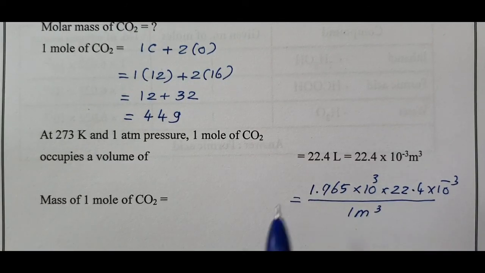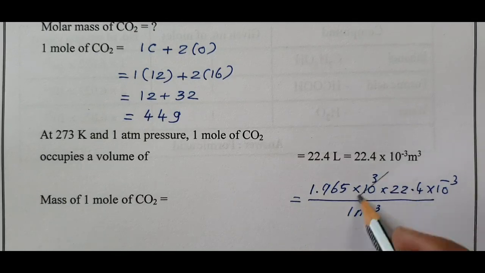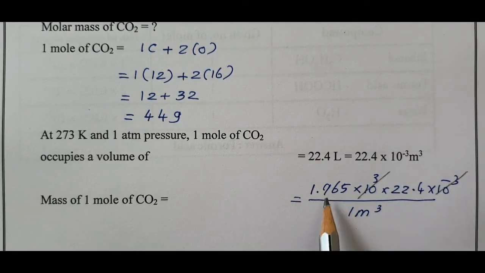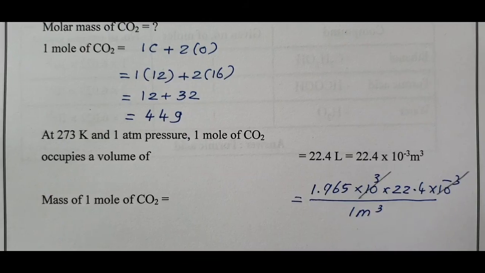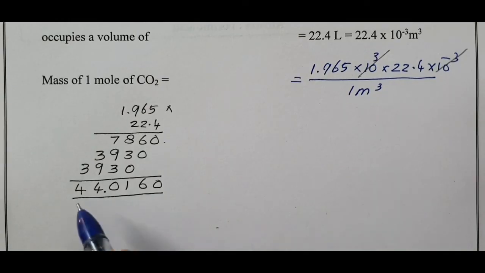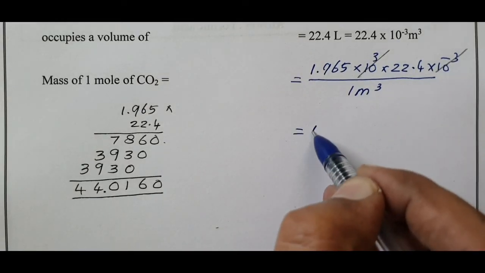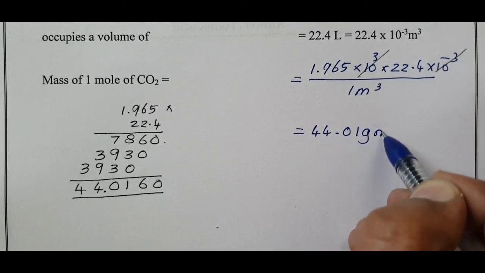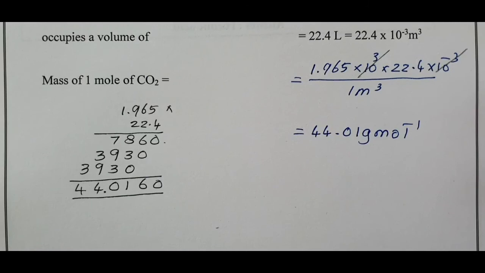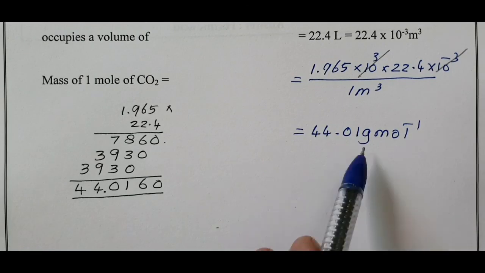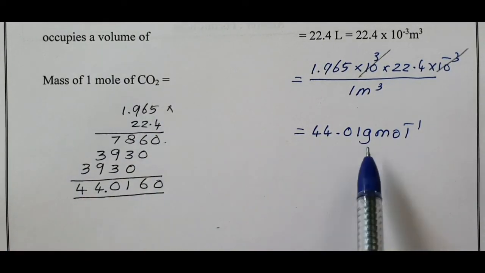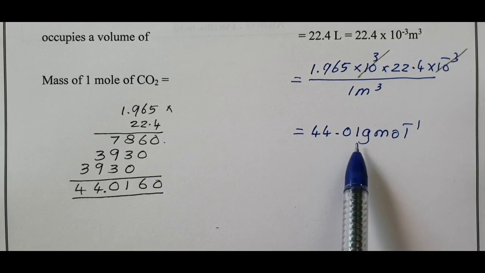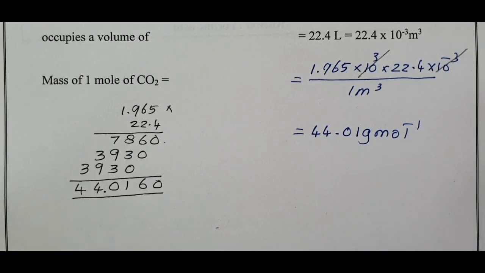When I multiply these two values, we know 10 power 3, 10 power minus 3 get cancelled. Now we are going to multiply these two values. So the multiplication answer is 44.01 gram mole power minus 1 is the molar mass of carbon dioxide. Mass of 1 mole of carbon dioxide is 44.01 gram mole power minus 1. This is question number 32.